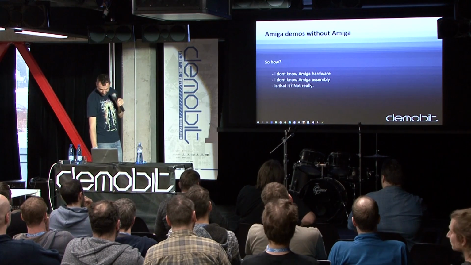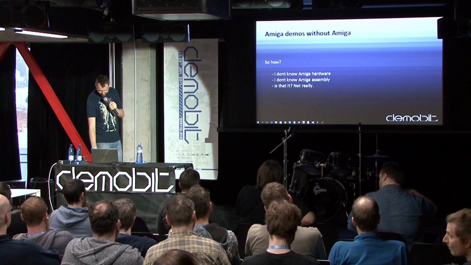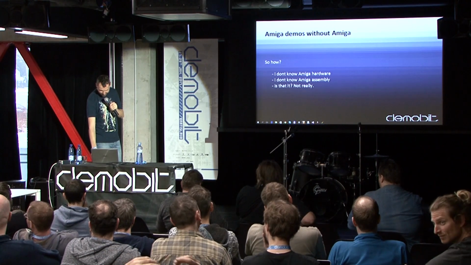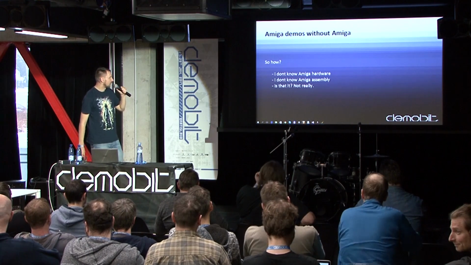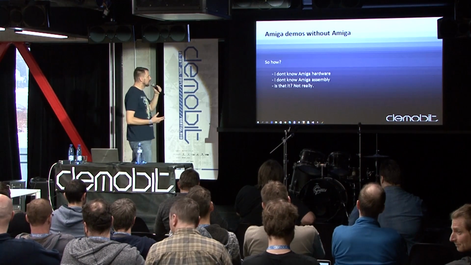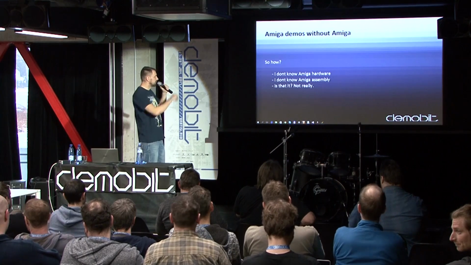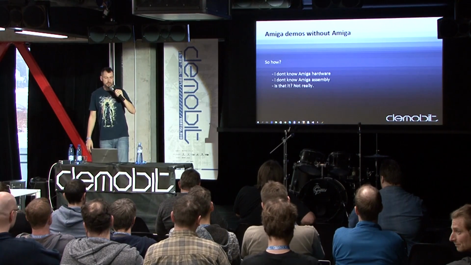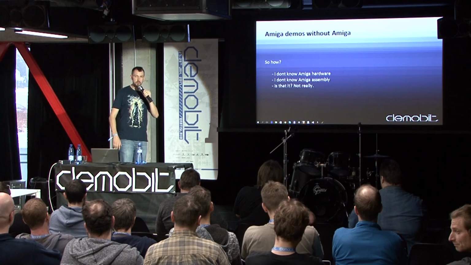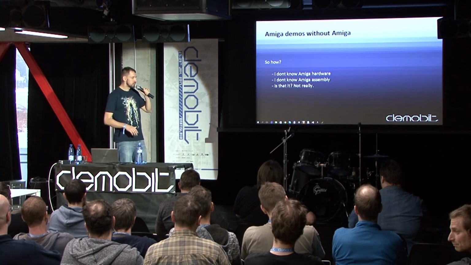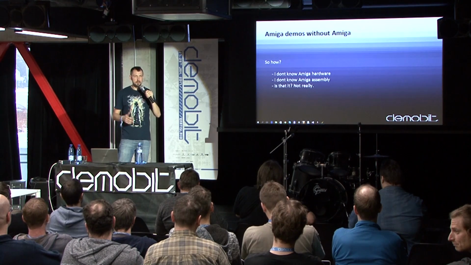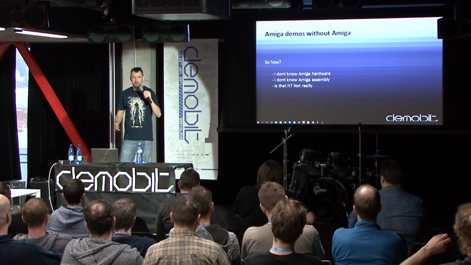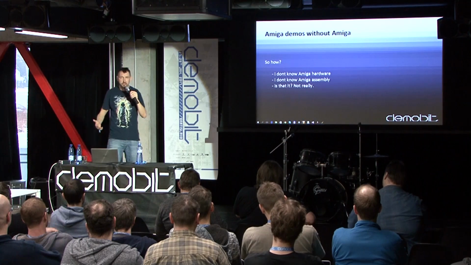Okay, let me check my notes because I'm kind of not organized properly. Like I talked about in one of the first slides, we are not coding to the hardware. Our demos are mainly just utilizing the frame buffer. This is just the same as coding MS-DOS demos or early PC demos in general.